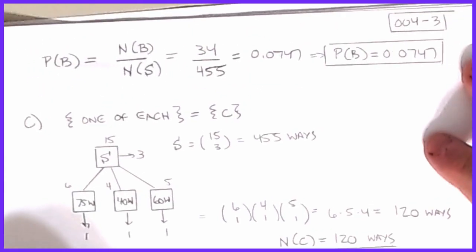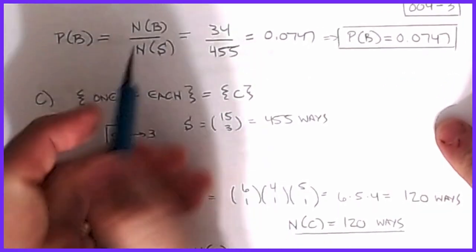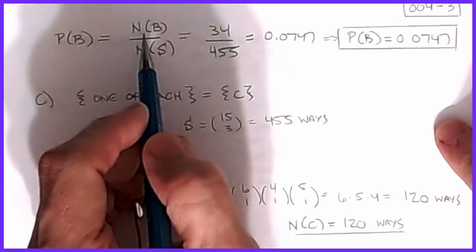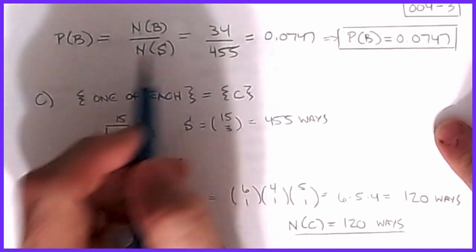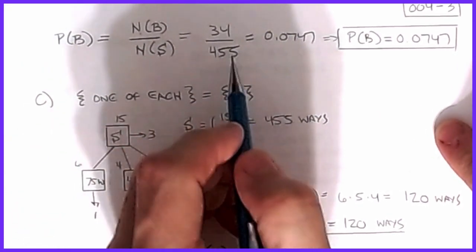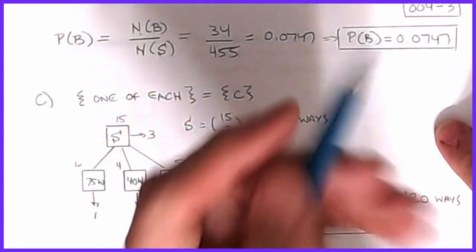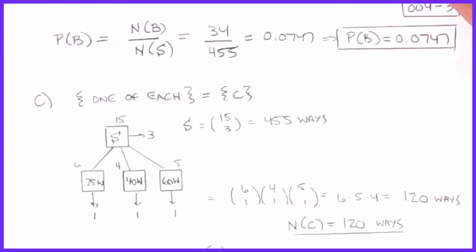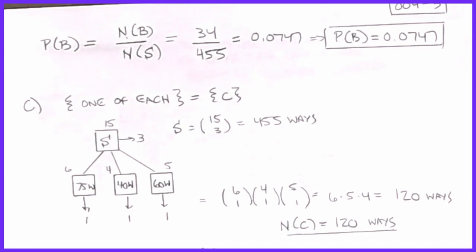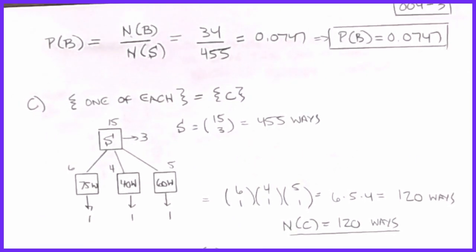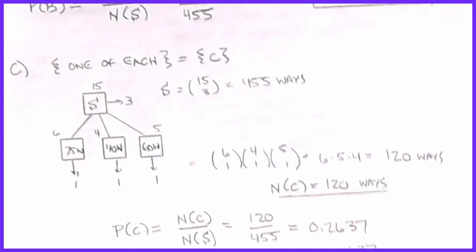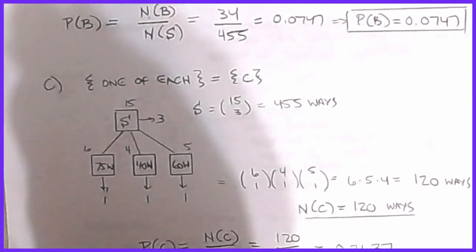The probability of event B is the number of ways of what I want, event B, over the total number of ways. We have 34 over 455, which is 0.0747. The probability is a little less than 8% that I get all 3 the same. So you see, all of a sudden we're ramping this up and solving a lot more complex problems.